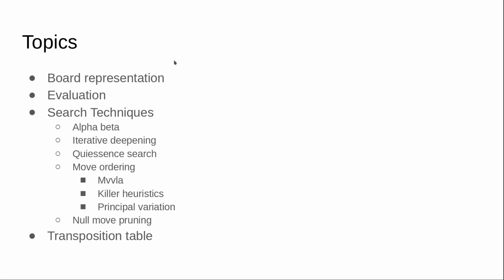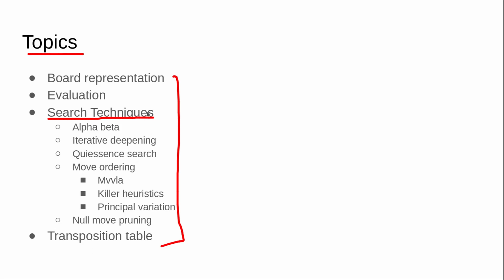Okay, so these are the topics that we will be focusing on. The most important of them is the search technique. If you are building your chess engine for the first time, you should be focusing more on improving the search rather than improving any other parameters.